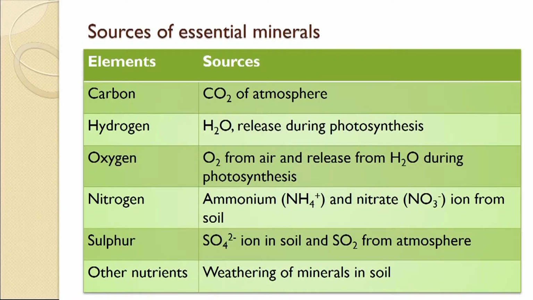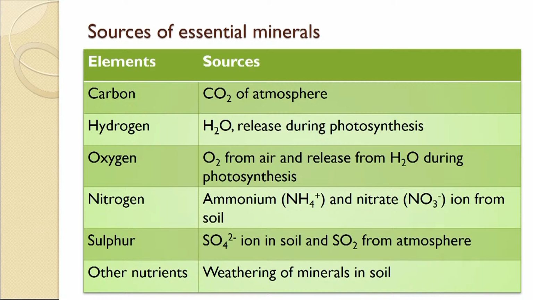And with respect to other nutrients, that is iron, manganese, zinc, copper, calcium, magnesium, they all come from the weathering of minerals present in the soil, and through physical, chemical as well as biological weathering, these nutrients are converted from unavailable form to available form.